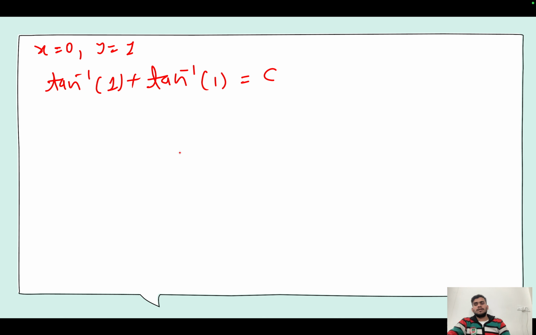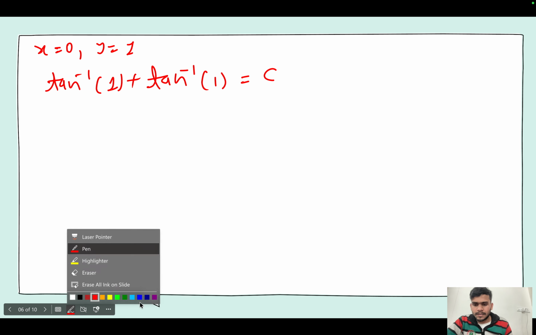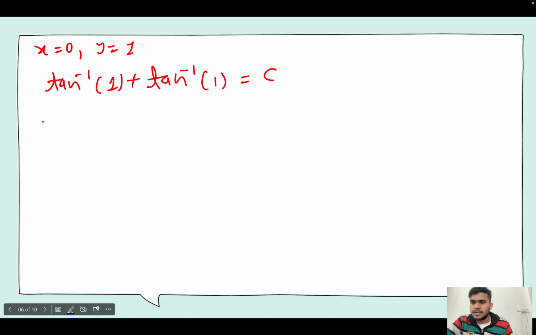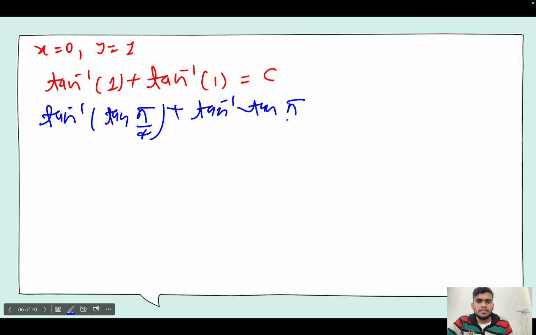Now, when will the value of tan be 1? We can write it as tan inverse tan pi by 4, and this can be written as pi by 4.